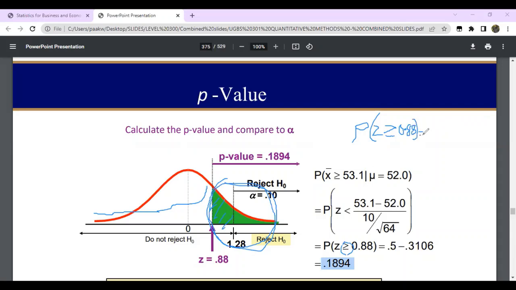We learned that the z distribution table reads to the left, so it only needs the less than or equal to sign. So when you see something like this, it will be 1 minus the probability of z, then you change the sign to z less than or equal to 0.88. That was what I was trying to explain. So this is about the p-value.